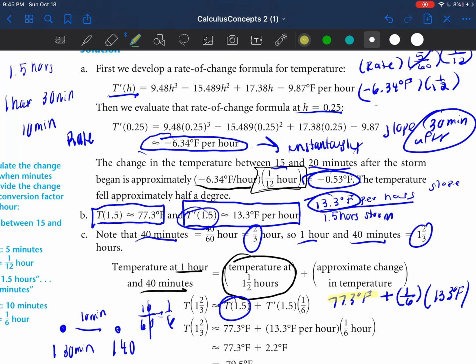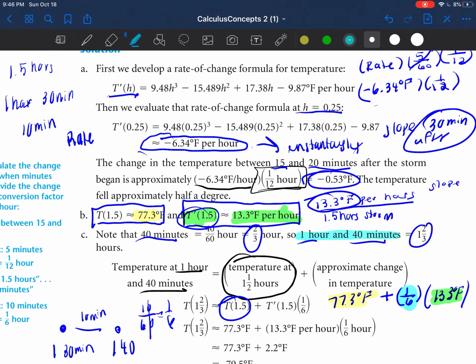So let's highlight this. Where did we get this? This we got from here. This we got from the rate of change at 1.5, because the problem only asked us that. Okay, and how did we get this? The difference between the final minus initial.